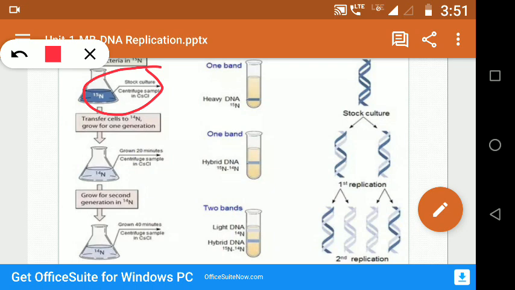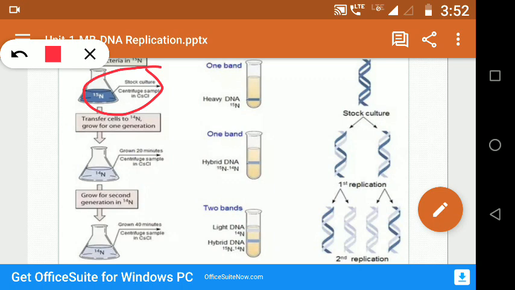So what happens? The nitrogen is present in the bases of DNA. Each and every base contains nitrogen. That is why they are known as nitrogenous bases. So this heavy isotope will be incorporated into the DNA of newly formed cells.